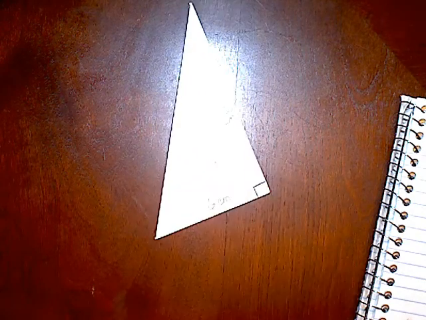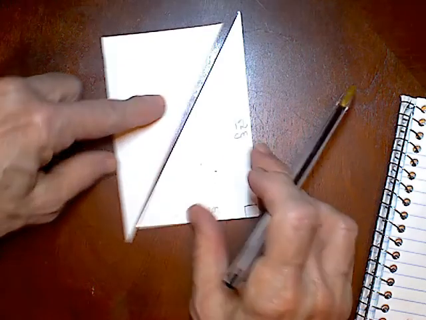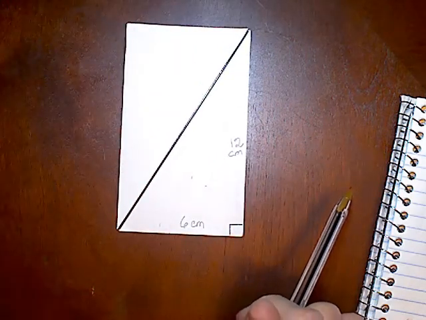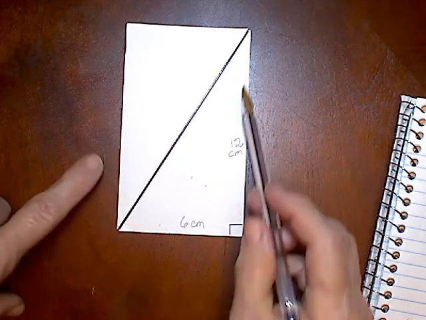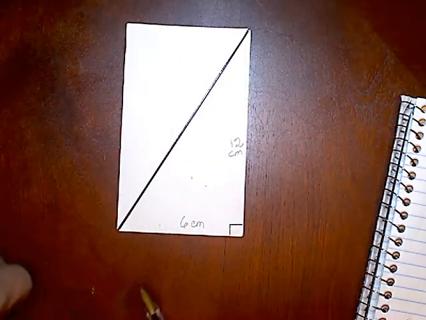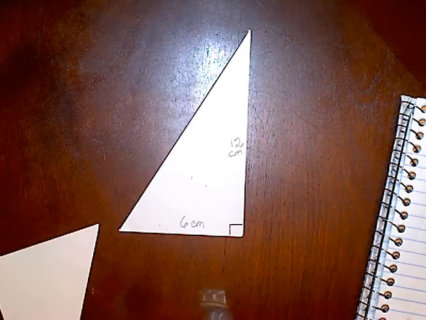Well, the question is, is the triangle the same area as that rectangle? If you said no, you are correct. In fact, a triangle is how much of that rectangle? Well, you are so smart if you said half.